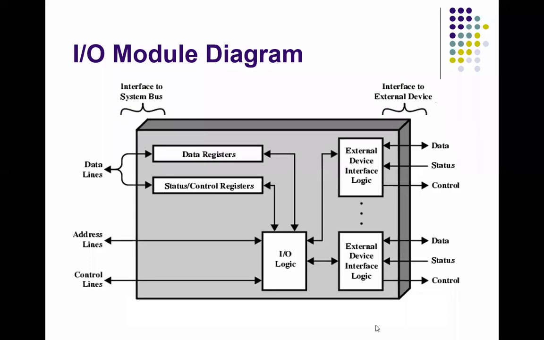But how is the data actually transferred through the IO module? As we know, there is a bus, so different interfaces are required. If two devices are communicating, then different types of interfaces are required, like a parallel interface or serial interface.